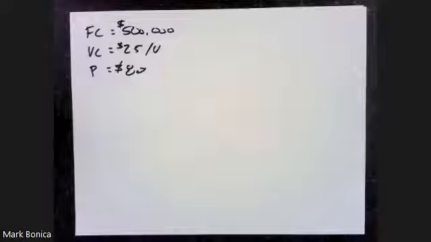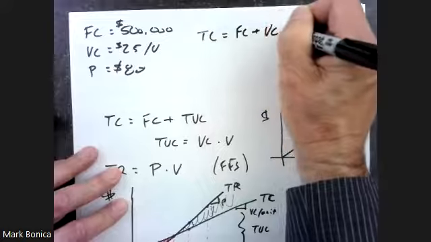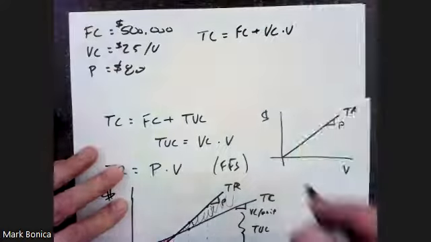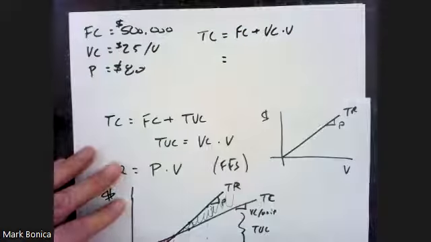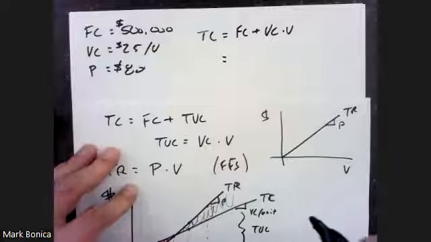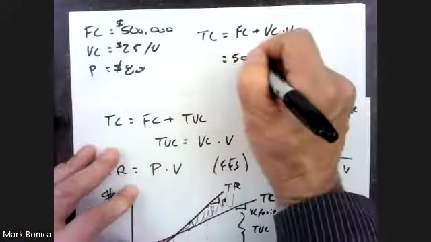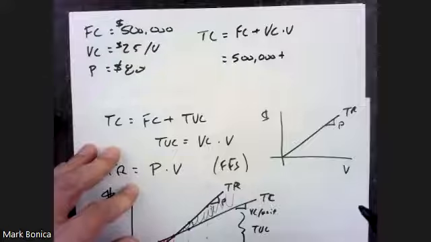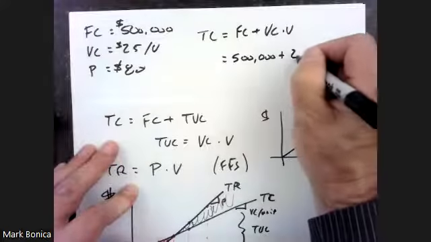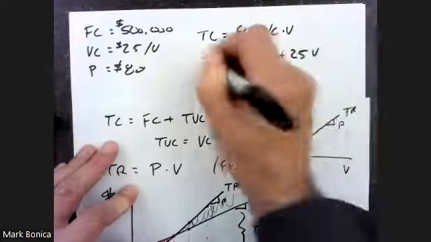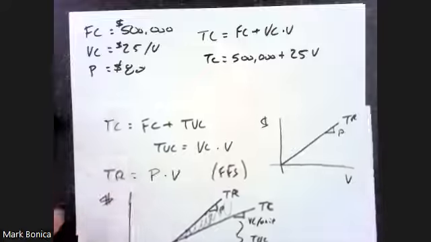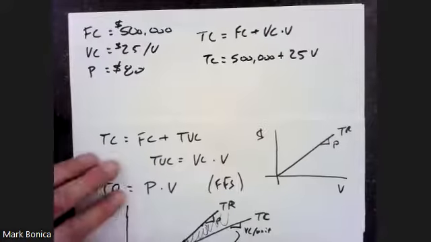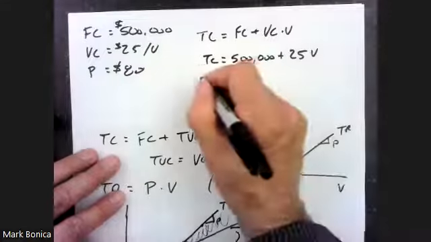So total cost is fixed cost plus variable cost times volume. So what is fixed cost? 500,000. Variable cost. So we'd have 25V. So total cost equals 500,000 plus 25V.